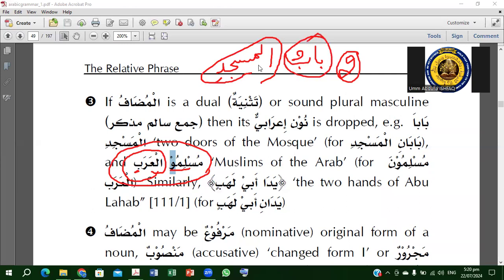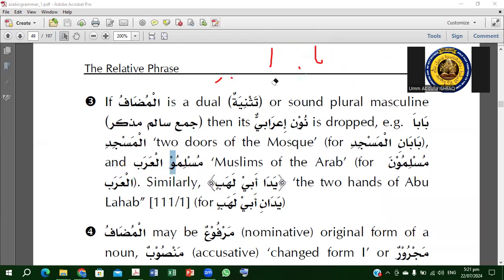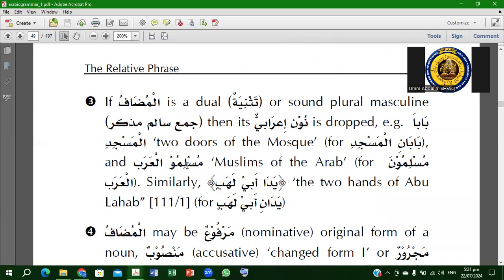And the translation will be with of, meaning the door of the masjid. It has a possession, like the masjid's door. Okay, so I have told you a very important rule to understand halat jar. There will be only two cases, as I told you.